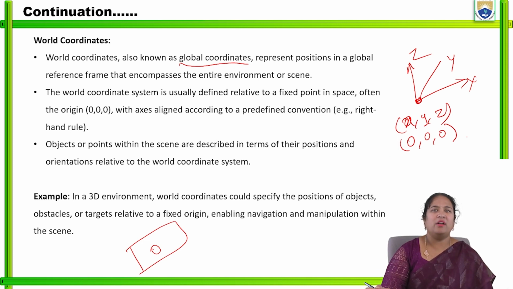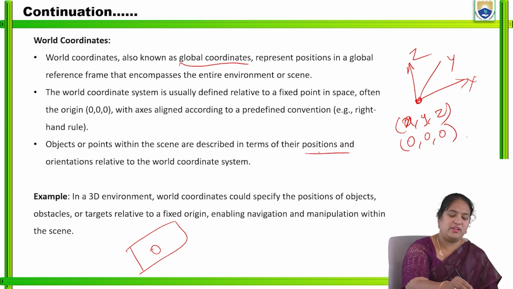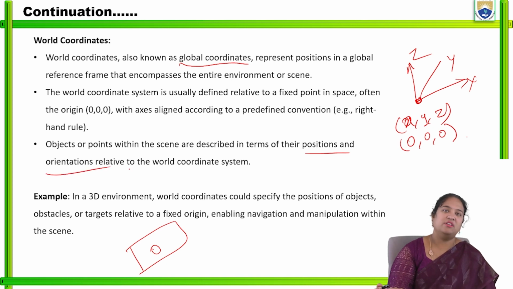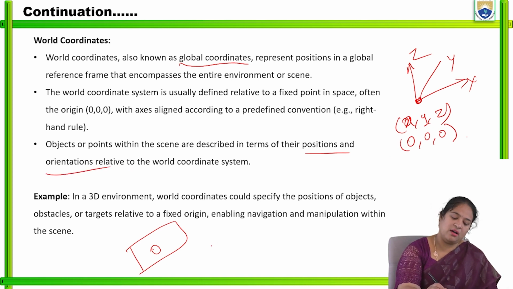That is, the world coordinate is usually defined relative to a fixed point in space. Often the origin will be 0, 0, 0 with axes aligned according to a predefined convention, that is, the right-hand rule. So that is known as the world coordinate system. Generally, the objects or the points within the scene are described in terms of position and orientation, as I have told you, in a global environment.